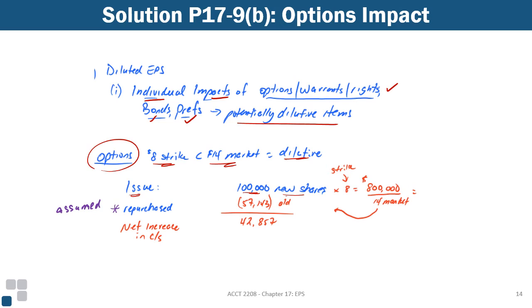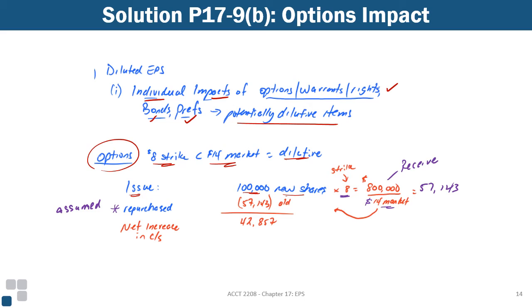Assuming the option holders will take the deal, there'll be 100,000 new shares. At $8 a share, the company will receive $800,000 in cash. They would immediately go to market and repurchase however many shares they could buy at a market price of $14. That happens to be 57,143.